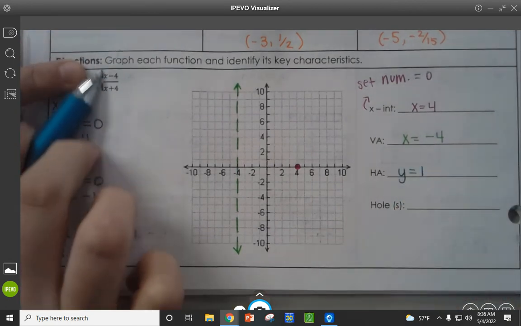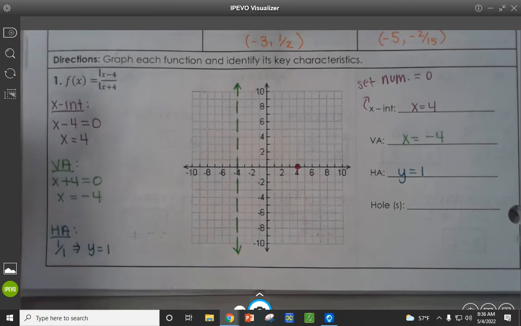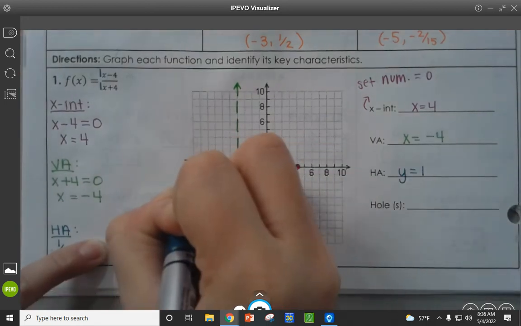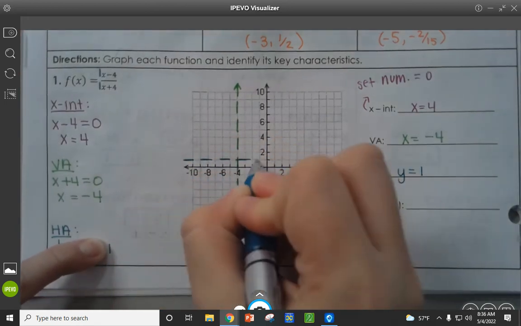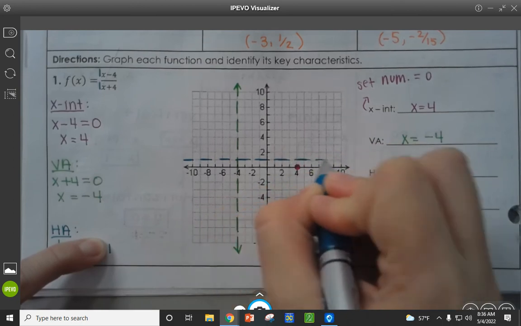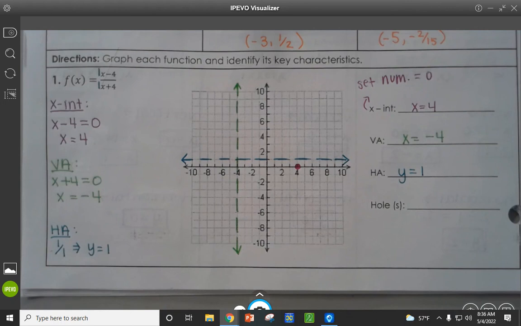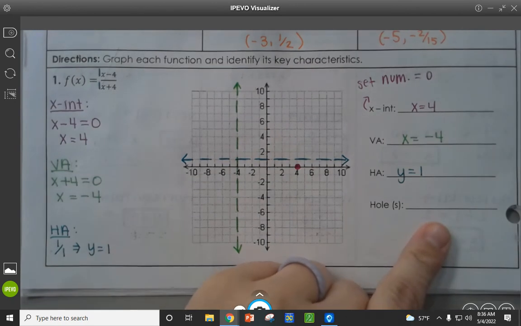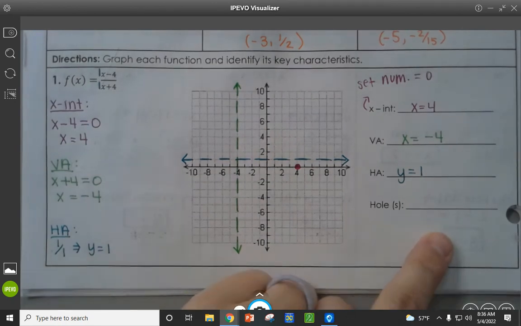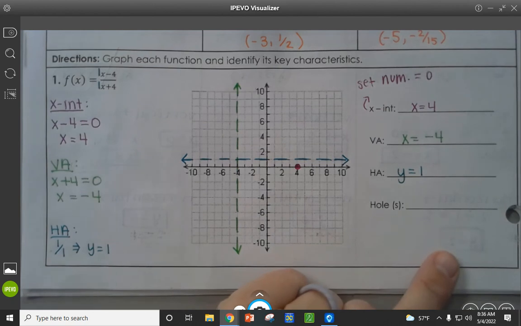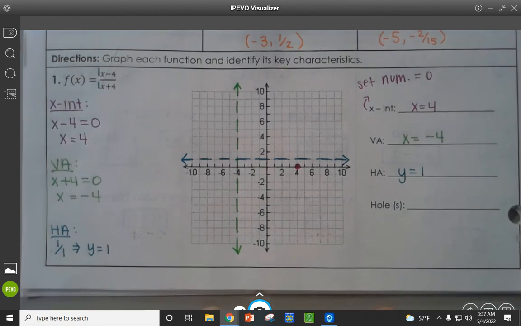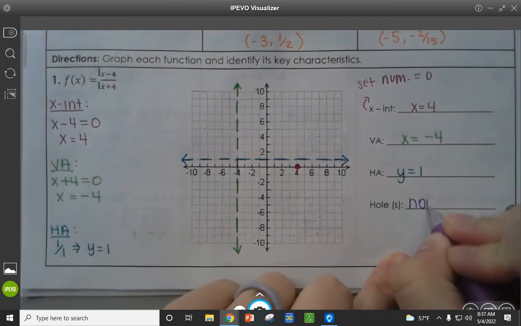Because neither one of those actually had a coefficient, so they were 1s. So we have a horizontal line that goes through 1. Holes, that's where we have factors that cancel. Did we have any factors that canceled? No, so there are none.